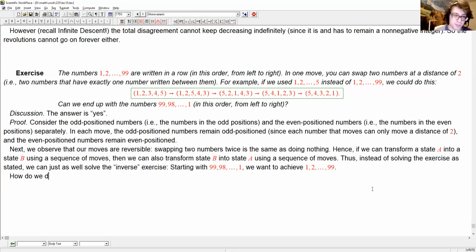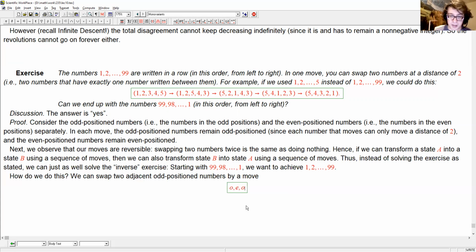How do we do this? Well, let us now look at the odd position numbers. We can swap two adjacent odd position numbers by one of our moves. In fact, so what do I mean by adjacent?